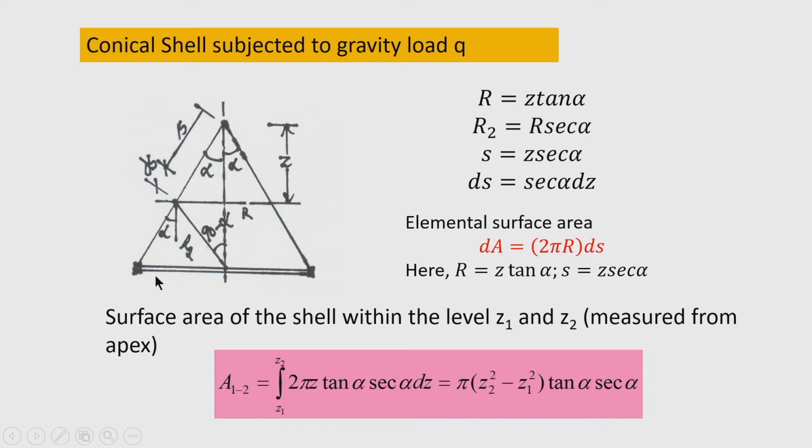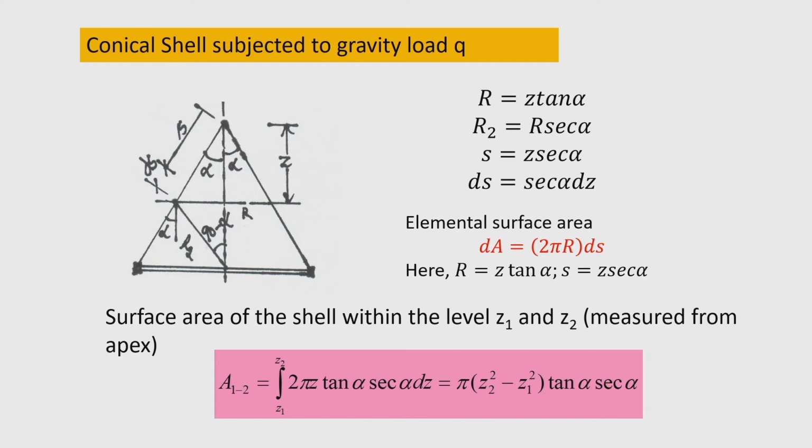Now, one important characteristic of conical shell is that it is a surface of revolution having 0 Gaussian curvature. How can I say that it is having 0 Gaussian curvature? We know that Gaussian curvature is nothing but the product of the two principal curvatures.